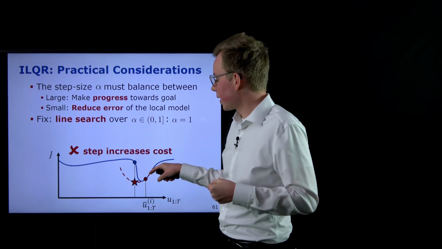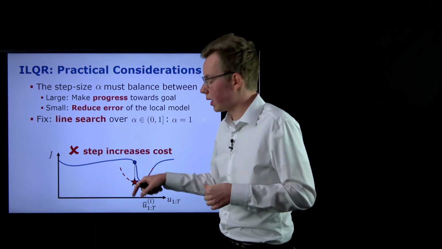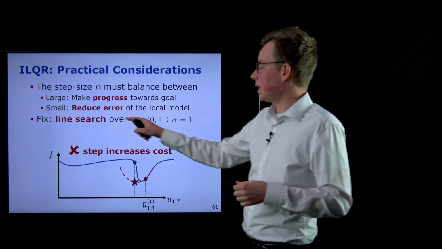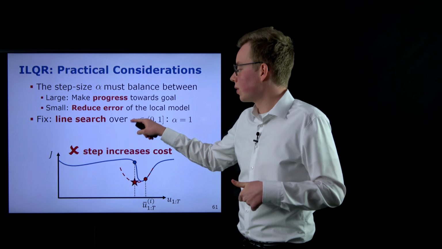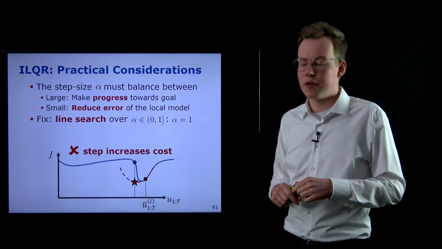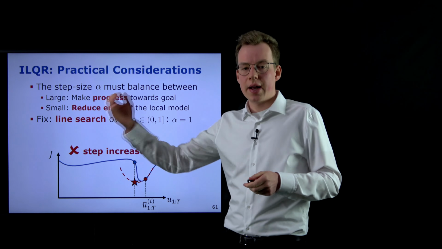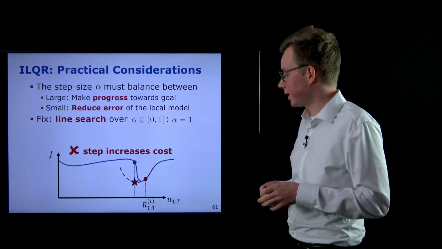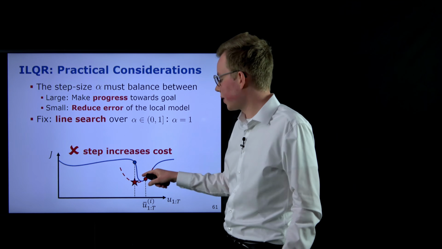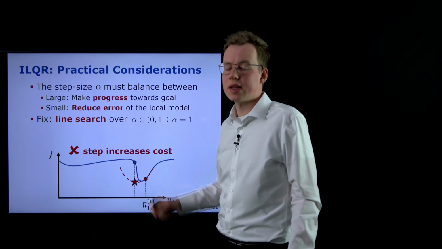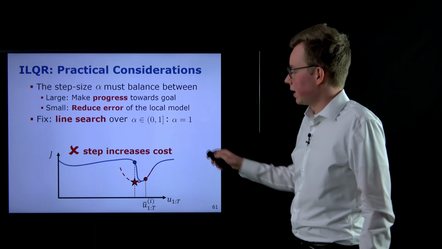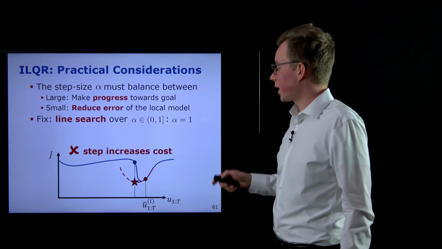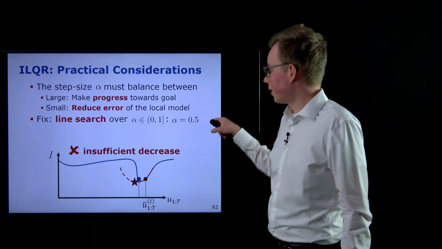The fix to take a suitable step size towards the local minimum is this idea of line search, where we try to adaptively find a good value of alpha, essentially by trying out different step sizes. For example, we try out step size 1, and then we see that the cost even increases. Then, in a backtracking line search, we would just reduce the step size.